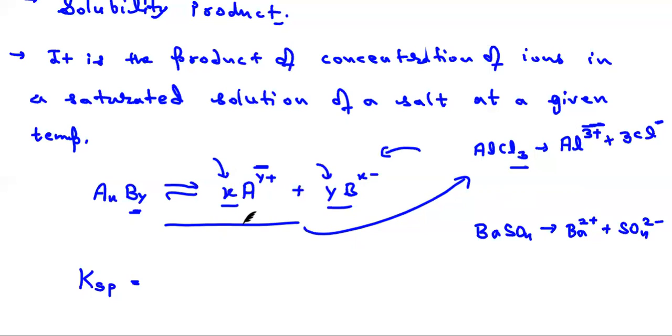Whatever coefficient they have becomes the power when you're trying to find the KSP. And you have to take the product of them. Now I know you are getting confused. There are two terms, product and product. The first product means multiplication, and the second product means the result.